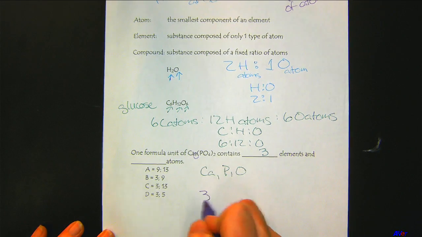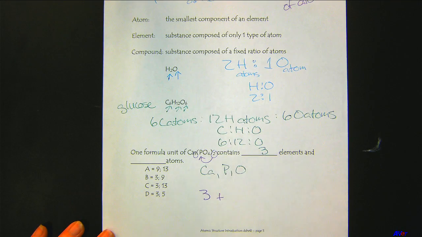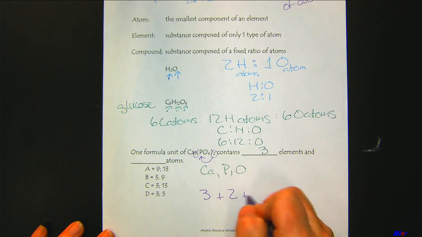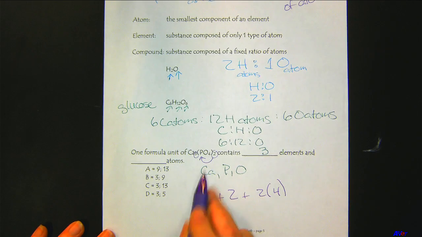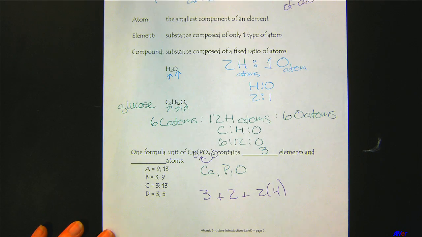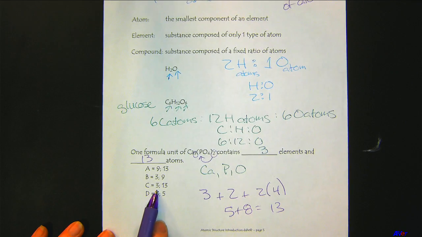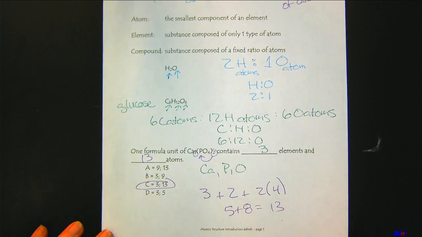We have 3 calciums. Treat this mathematically: we have 2 phosphates, so we're going to have 2 phosphorus atoms. And then we're going to have 2 sets of phosphates with 4 oxygens each, so that would be 8 altogether. So 5 plus 8 would be 13. We have 3 elements present, but 13 atoms.